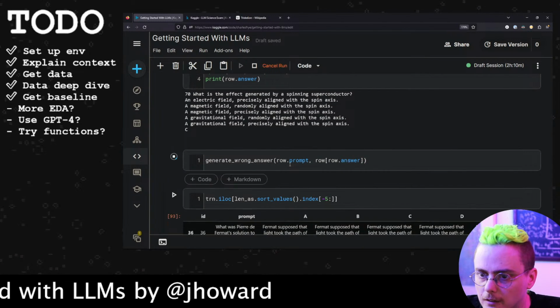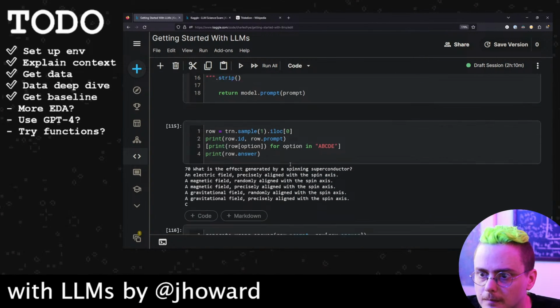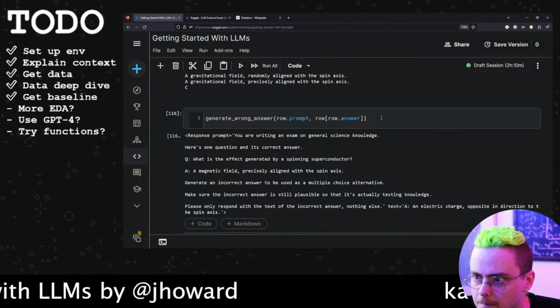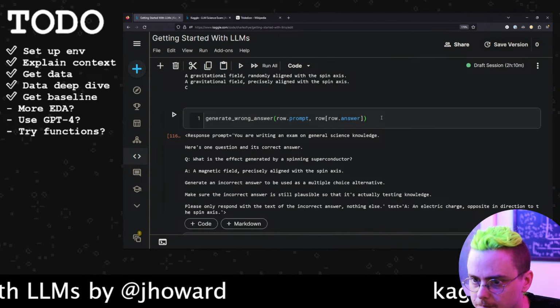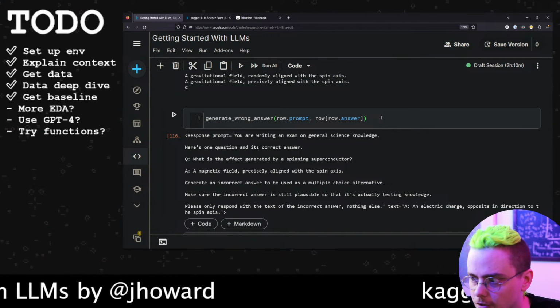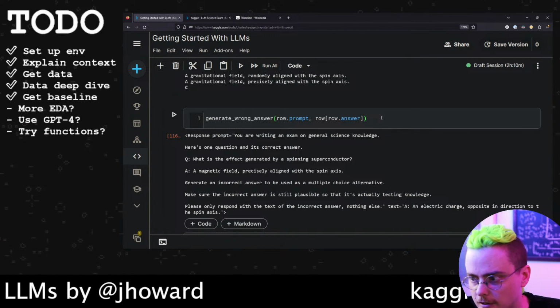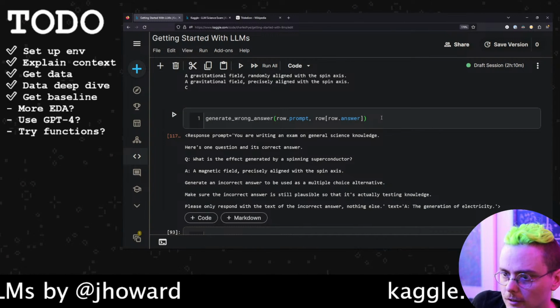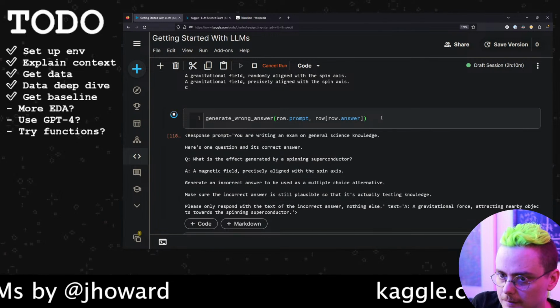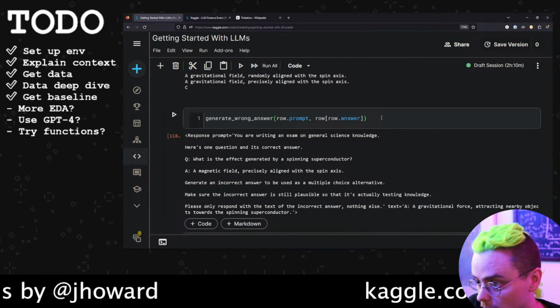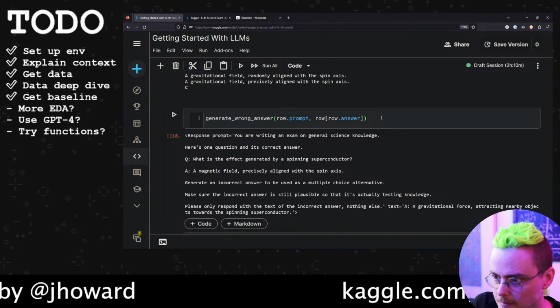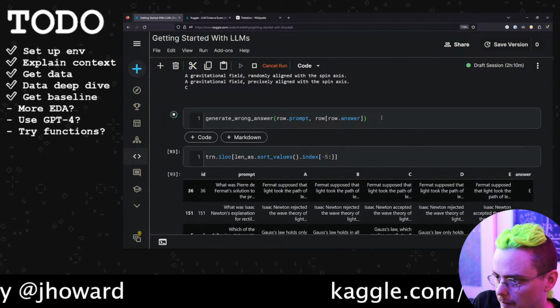All right, so electric charge opposite in direction to the spin axis. Generation of electricity. Some of these might be true. I don't think it generates electricity, but all right.